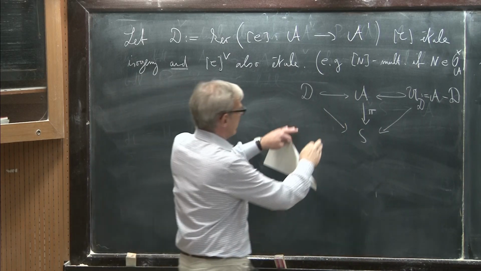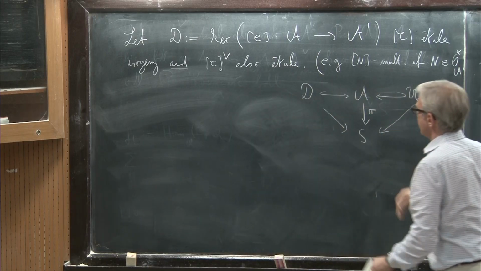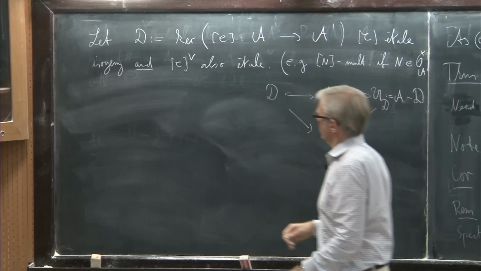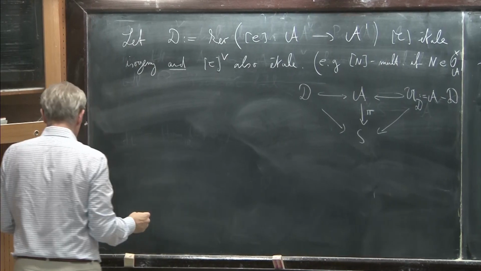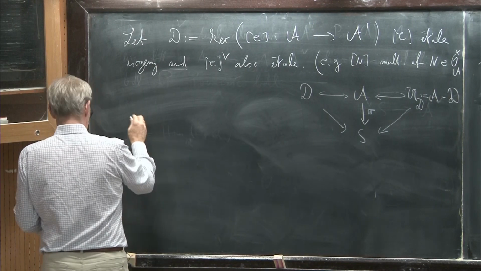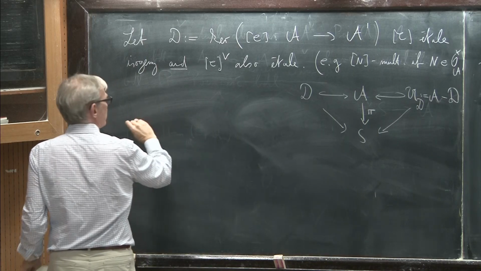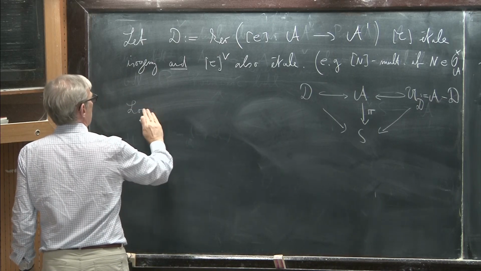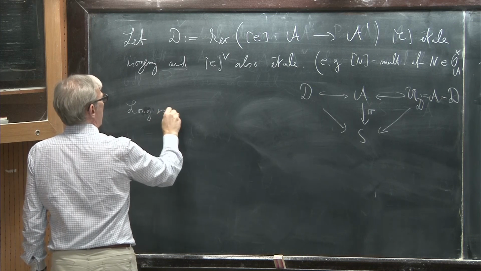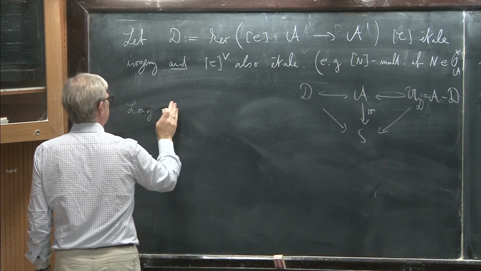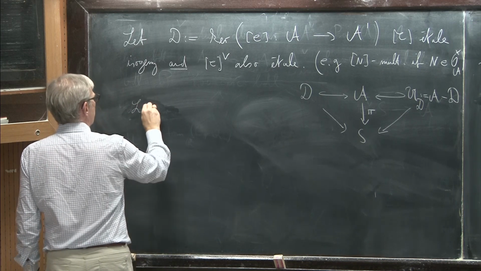And now we're exactly in the same situation as we have been on Tuesday, and here we can now look at the long exact cohomology sequence, the localization sequence in this situation.